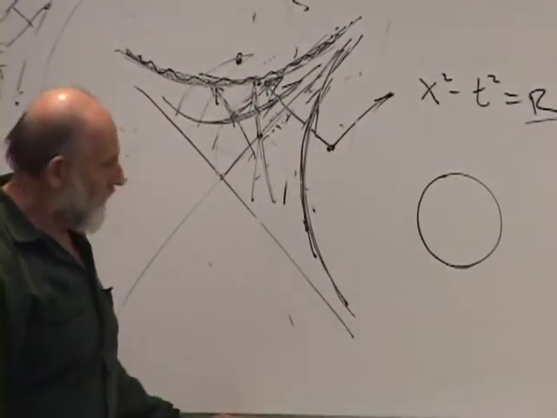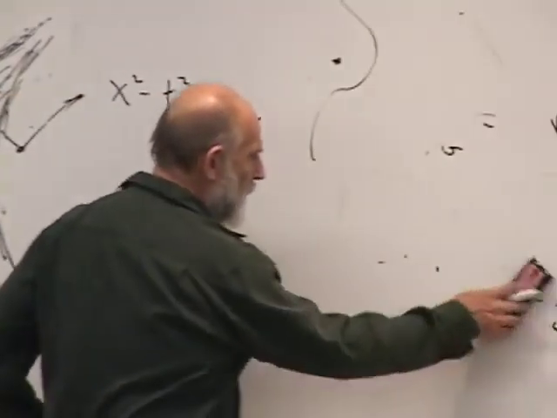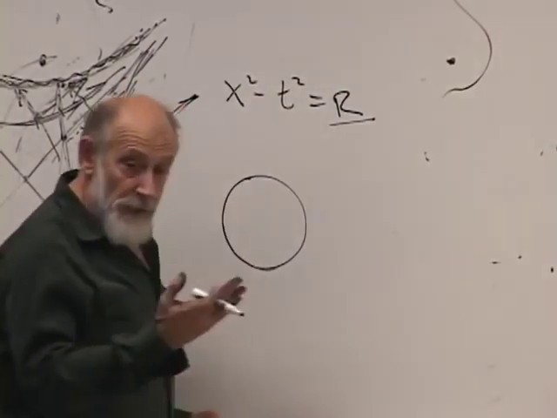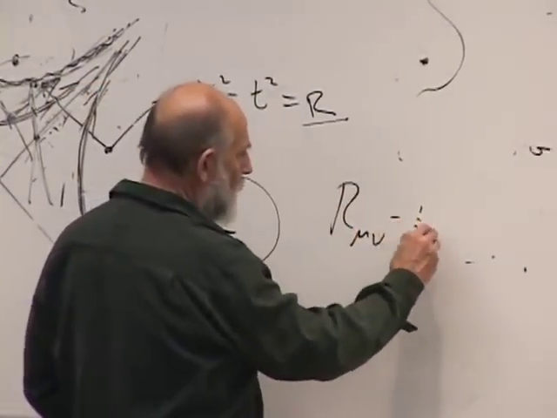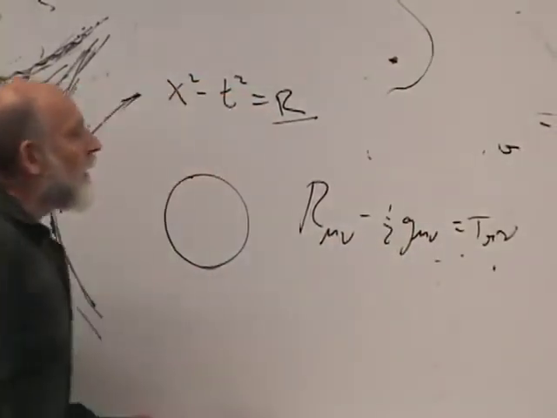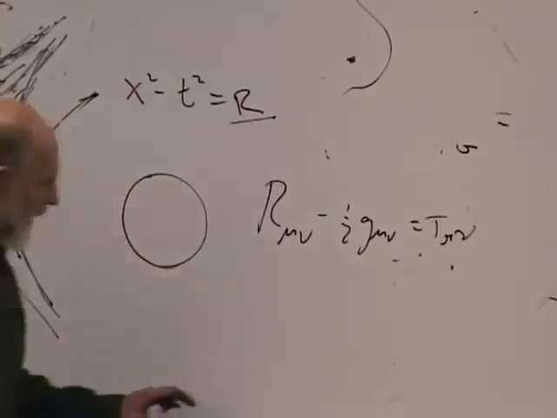So, all right, we start with Einstein's equations. We make some assumptions. I'll tell you what assumptions. We first start with Einstein's equations: R_mu_nu minus 1/2 g_mu_nu R equals T_mu_nu, with some 4 pi's and 8's and G's and this and that.